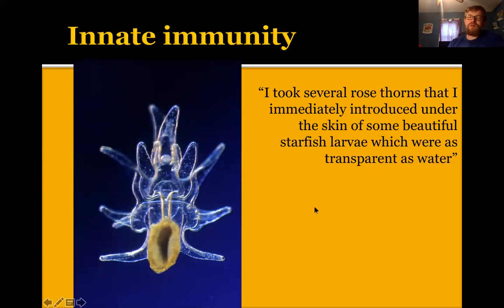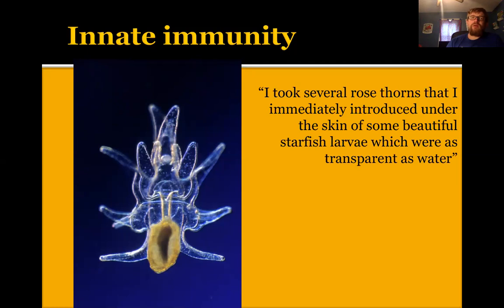And so basically what he would do, he would take a little splinter, right, that you guys might get in your hand. He would poke it into the starfish larva, and he would notice that not too long after that, a bunch of cells would swarm around that little splinter that he put in. So he used a rose thorn, sorry here. And so that kind of led to the discovery or the speculation of the innate immune system, all right?